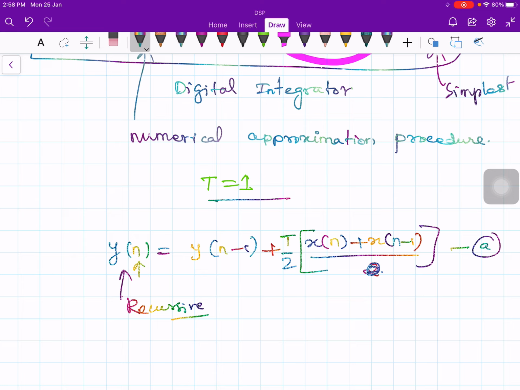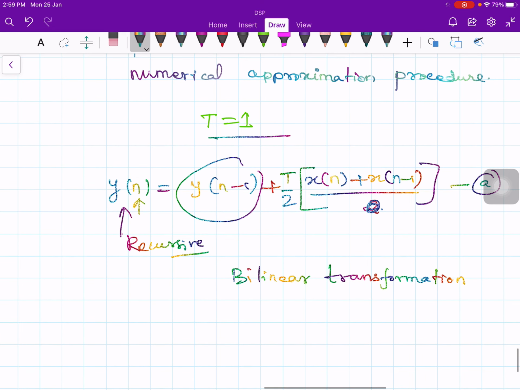I know that this is being computed recursively because I require y of n minus 1. Incidentally, this is what forms the basis of the so-called bilinear transformation. We will discuss this bilinear transformation in detail a little later, not now.